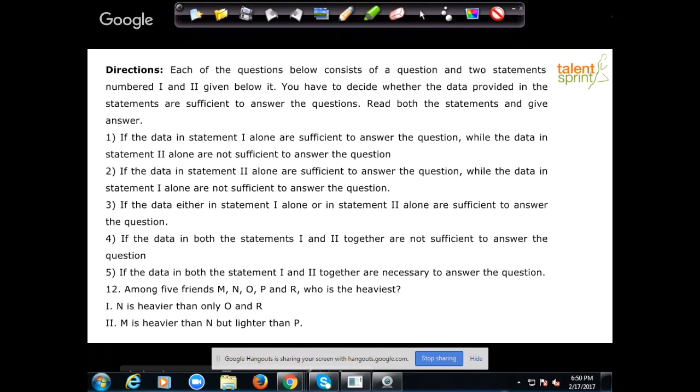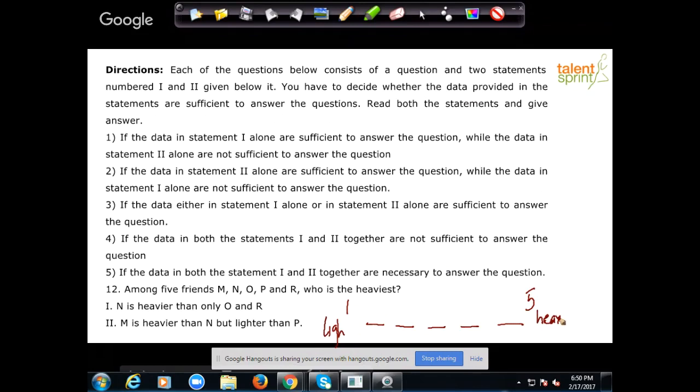N is heavier than only O and R. So let's draw 5 blanks. Let us say we move from 1 to 5, where 1 is the lightest and 5 is the heaviest.